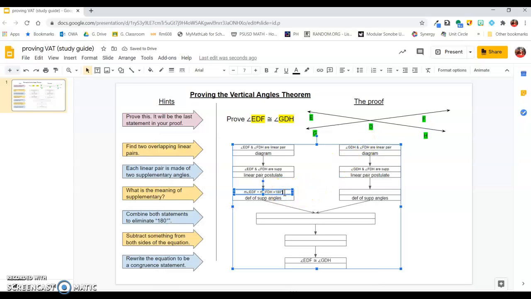Let's see, I'm going to use those again, and I'm going to replace that carefully with what is above it. So this should be GDH. Now remember, as I told you in class, and FDH, these vertical angles all meet at this vertex called D. The vertex D will be common to all of these angles.